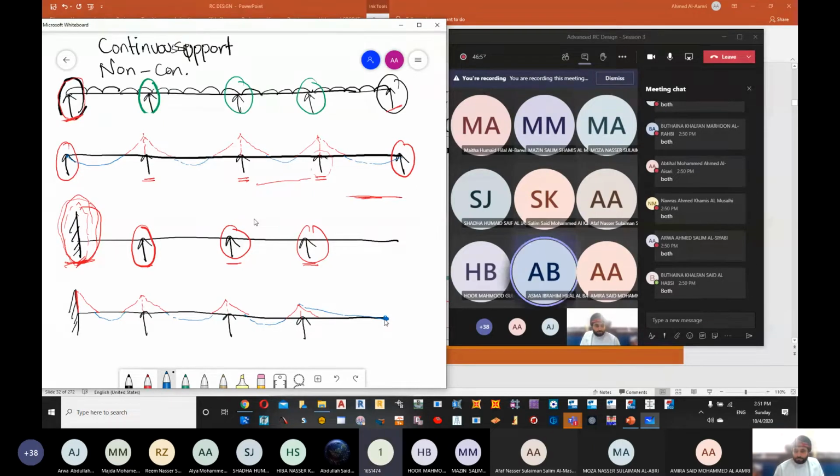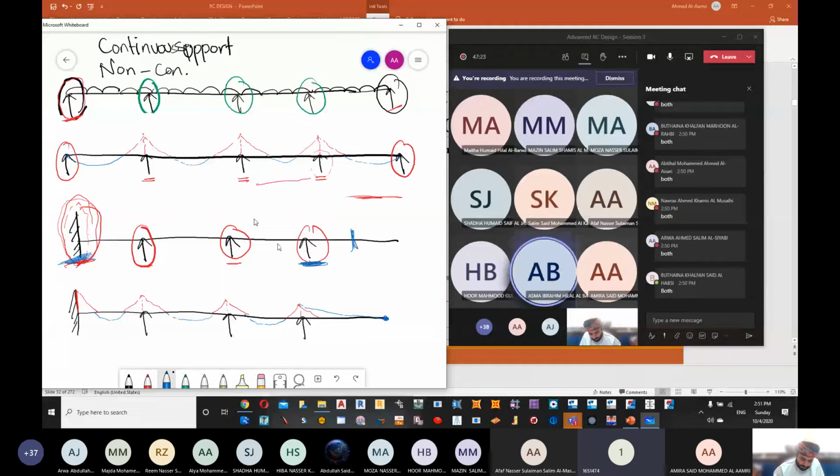Are we okay? Why is the last one from both sides? The last support? Is it the fixed one? You mean this one? No, the last support. This one? Yes.